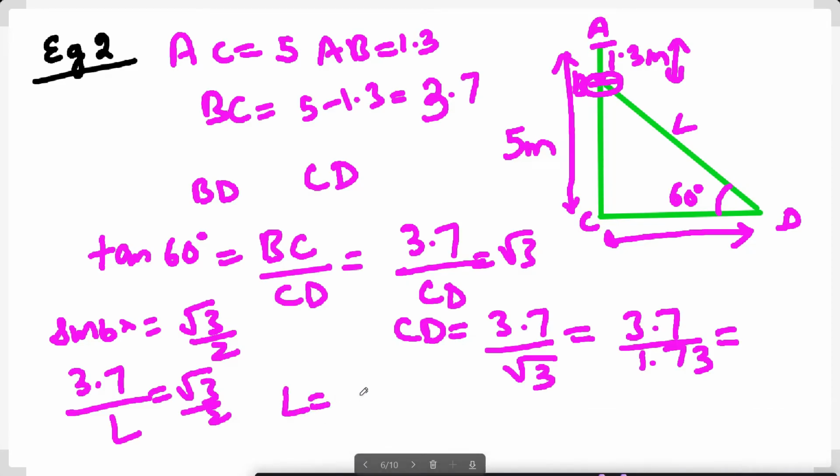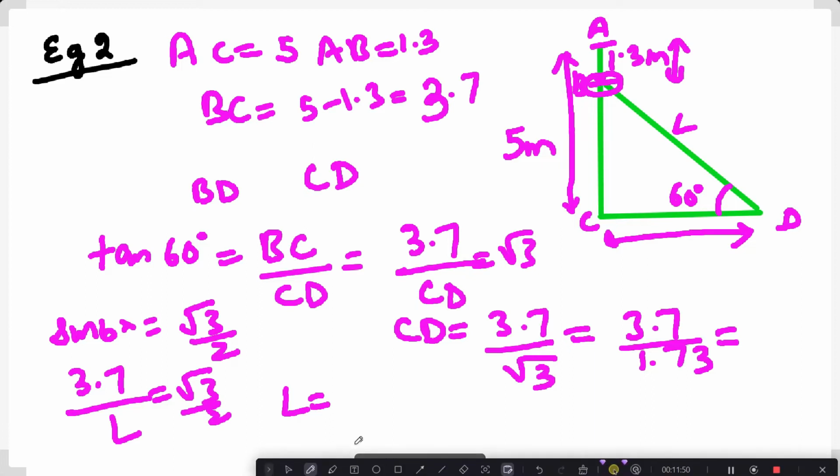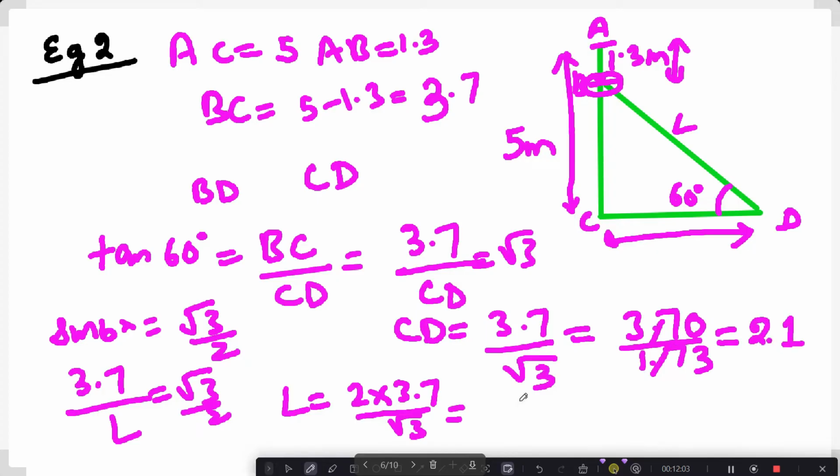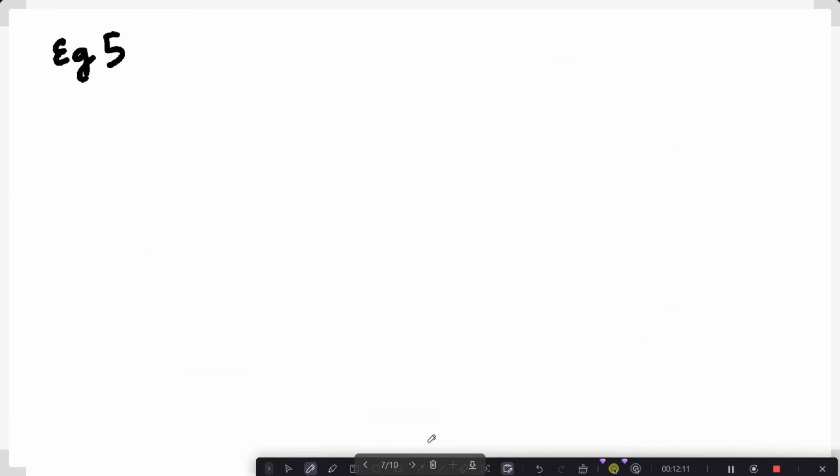So L equal to 2 into 3.7 by root 3. Right? So you can just divide this. So this is about 2.1 and this is about 4.28. Just do the normal division. Understood? So this is what we have to do.